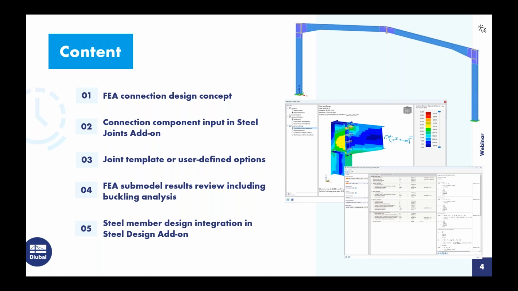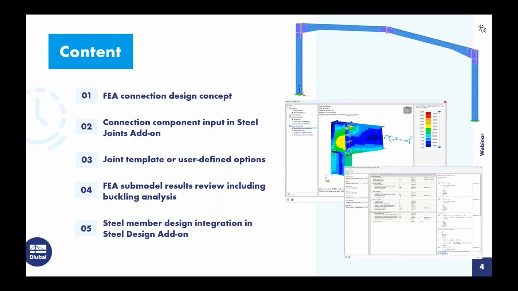We'll then move on to our example, which is shown over here on the right-hand side with a simple steel frame. We'll talk about the connection component input utilizing the steel joints add-on within RFEM. We'll also discuss the joint template options or the ability to create your own user-defined connection options.